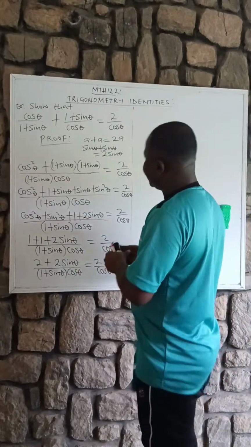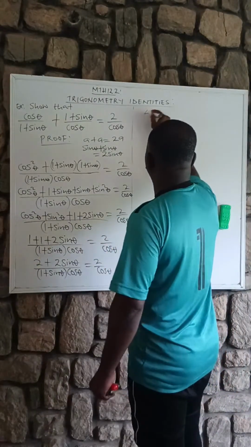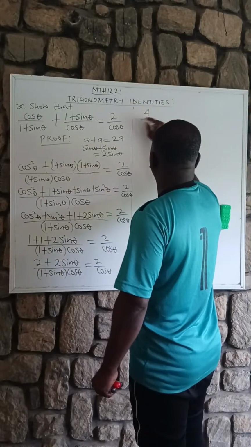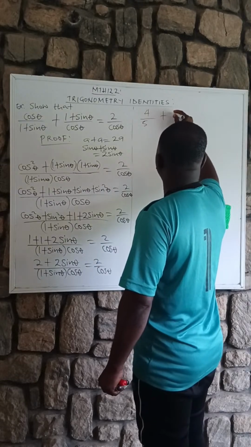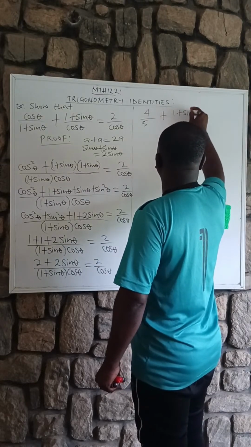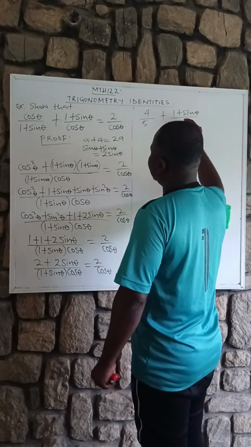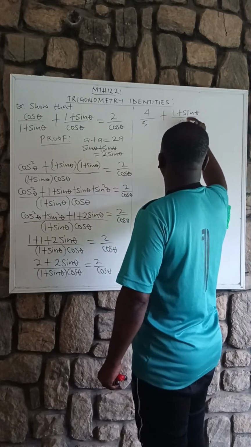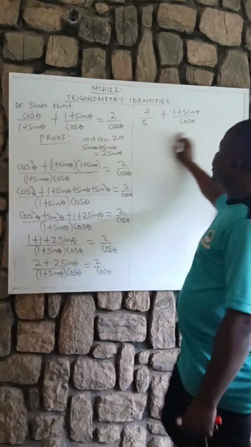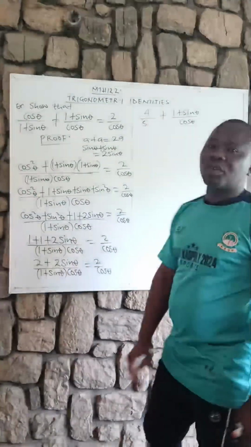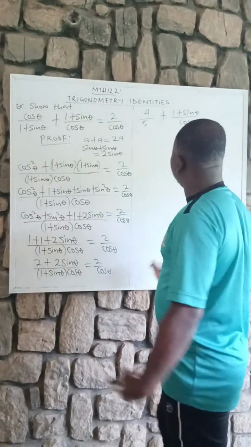When you have 4 all over 5 plus, let me say, 1 plus sin theta all over cos theta, if you come across expressions like this one, what will first come into your mind? Is it not to look for the LCM?